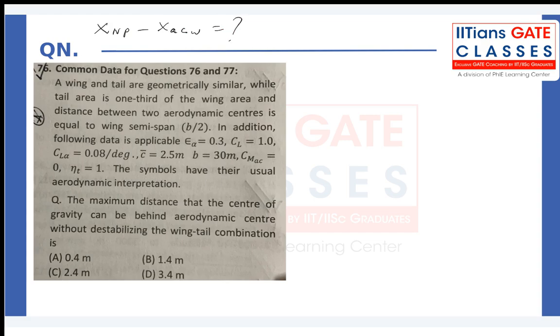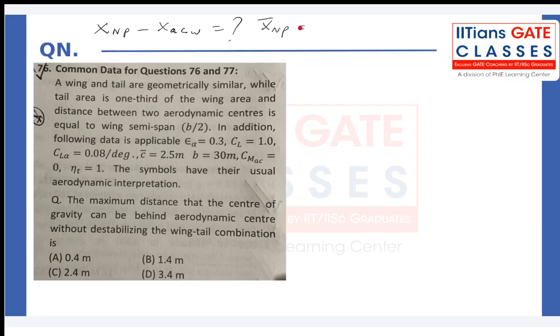Now, in one of the derivations, I think in the first demo session, we had derived the neutral point, right? So, neutral point equation, one simple way that I used to remember is, if there was only wing, what will x bar np be? It will be the xac of the wing, right?